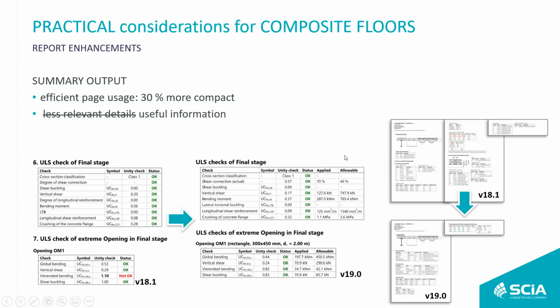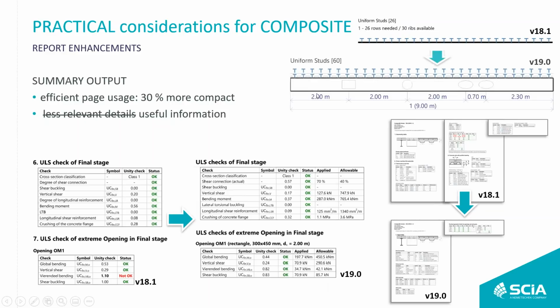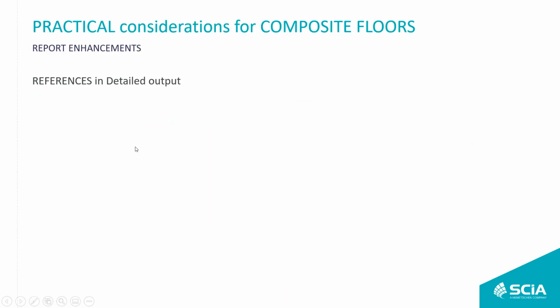Also, we managed to optimally use space by adding some important information about the design. And the stud layout now is more realistic. We also draw the openings, and that's more or less it. We added the camber value, some analysis settings that are used, and more data on the opening checks.